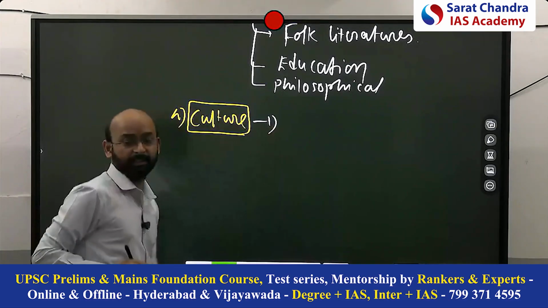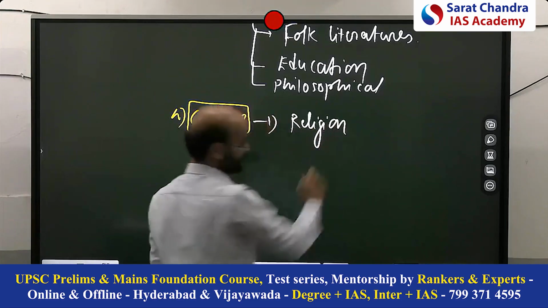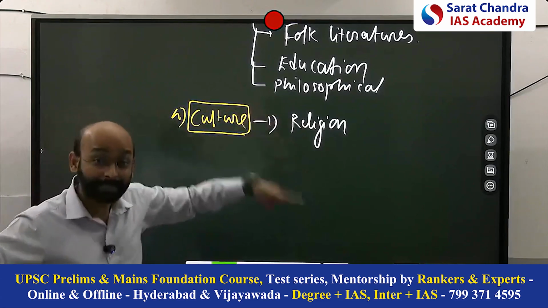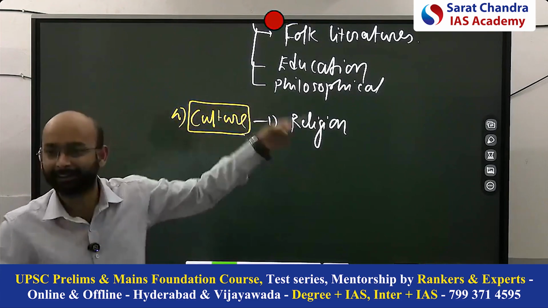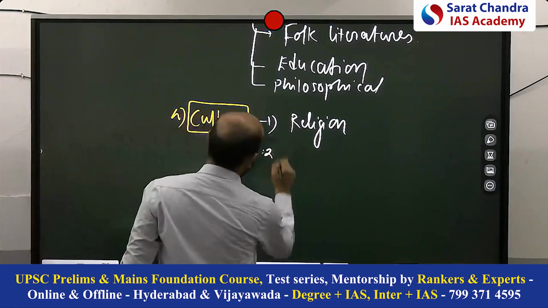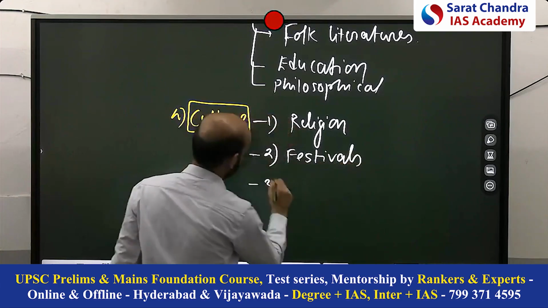In culture, the first thing that comes is religion. See, if you have already written it in the social, no need to write here. But if they particularly ask on art and culture only, you have to prioritize religion. Second, festivals. Third, food.